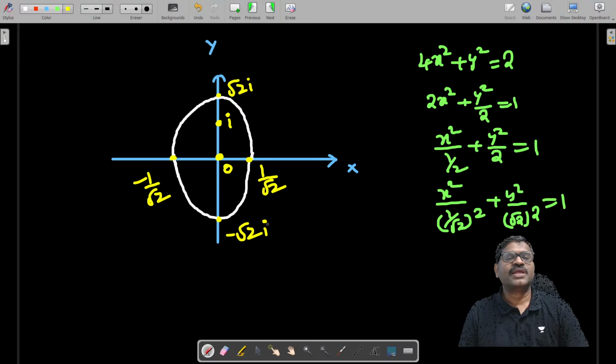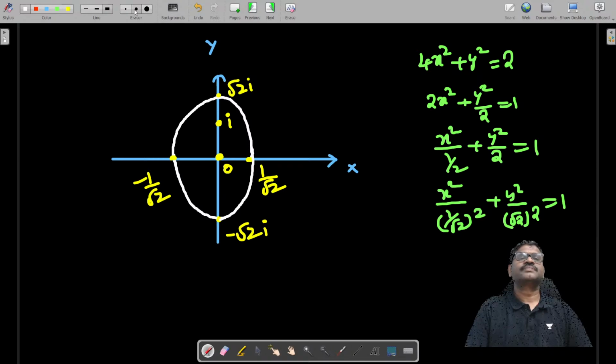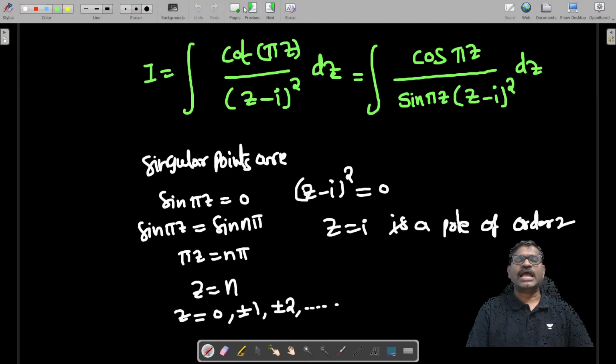That's why it is an ellipse where 0 lies inside and i also lies inside. We have to calculate the residue at i as well as at 0.